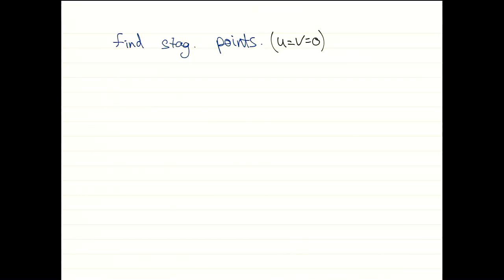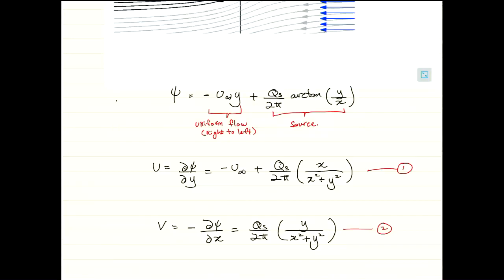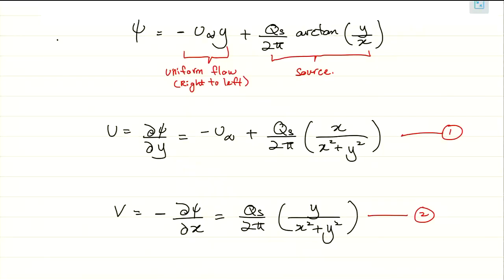Hopefully from the equation you can see that when y equals 0, what's v going to be? 0. Very good. So when y equals 0, v has to be equal to 0.